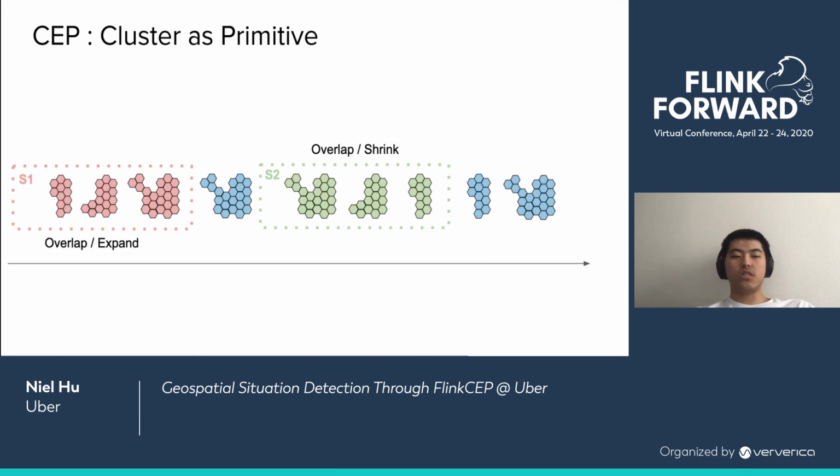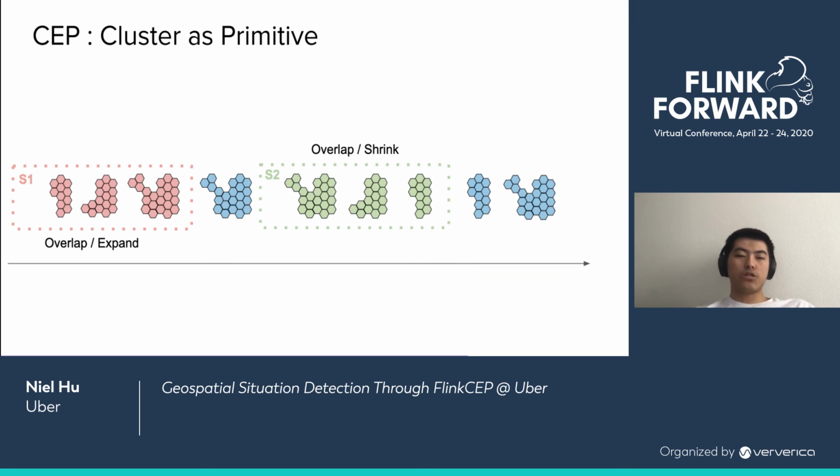You can see we merge the red clusters into one situation. We associate them together and detect that the situation is expanding to a larger and larger area. And the green ones are shrinking into a small area and will eventually disappear. By doing this, we can track the duration of the situation.